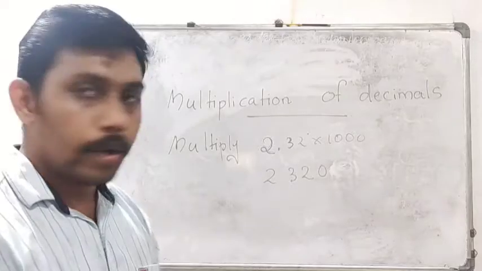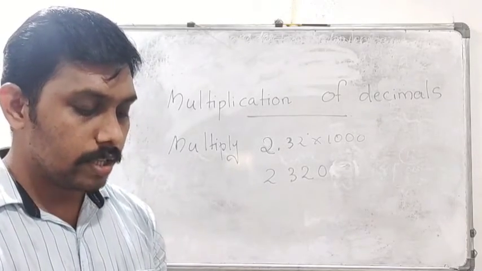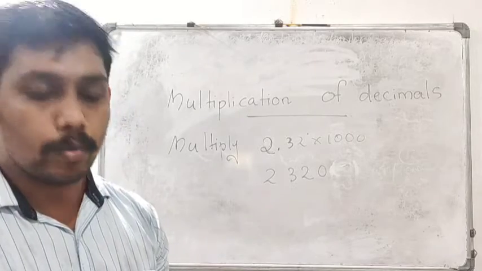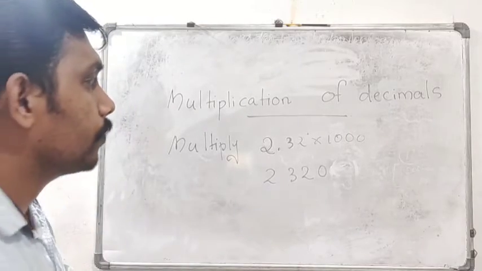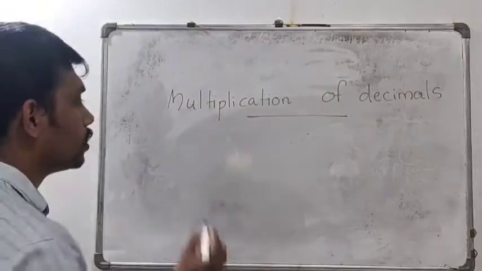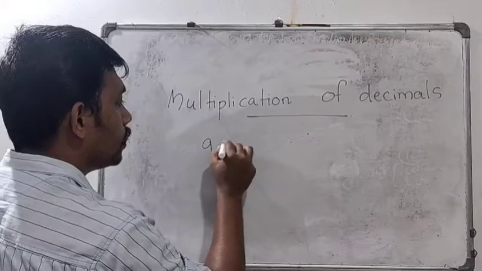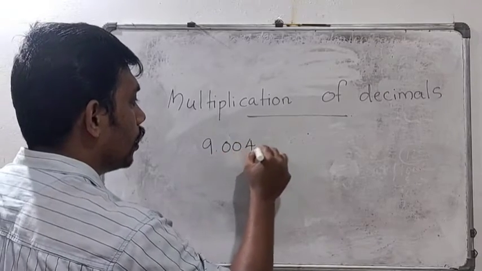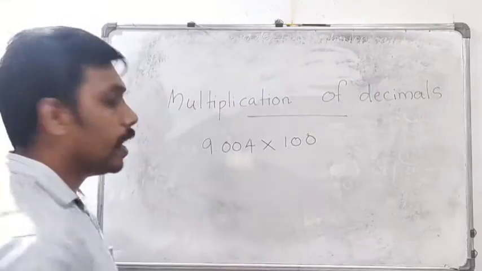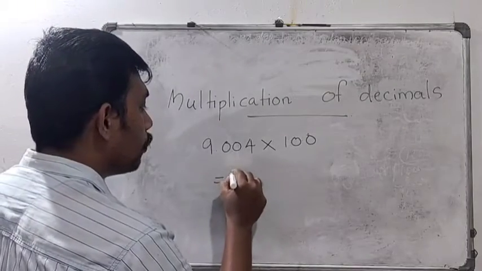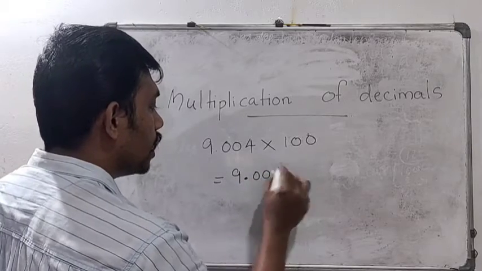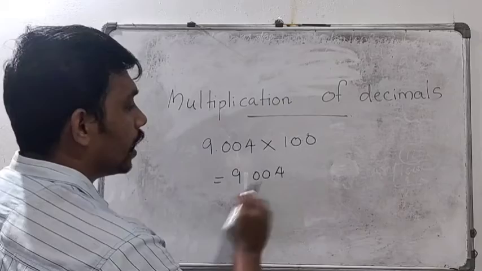So my dear students, this is the multiplication of a decimal by 10, 100 and 1000. Let's do one more example. 9.004 into 100. It is very simple, my dear students. 9.004, there is no need to put the decimal now. 9004.